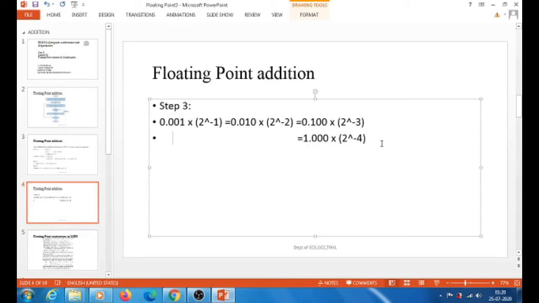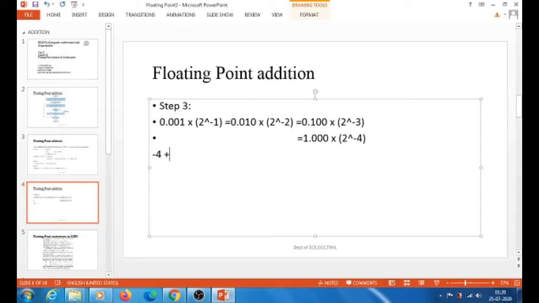Okay, now this comes up. Minus 4 is the exponent. If I want to represent this exponent in bias notation, because exponents will always be represented in bias notation, then I must add the bias value. What is the bias value for single precision? It is plus 127.